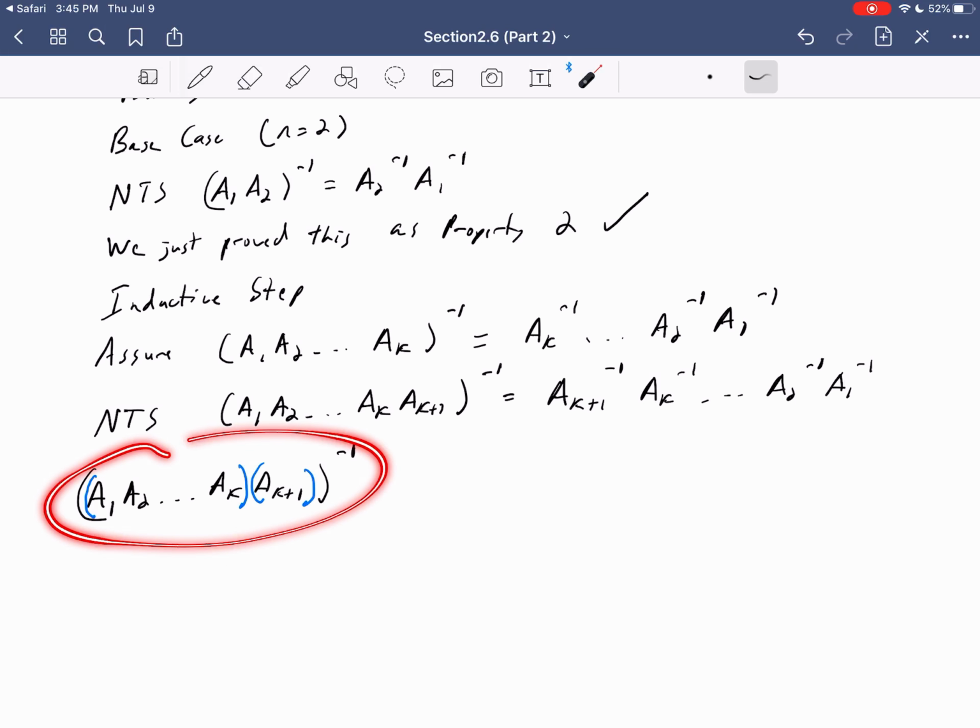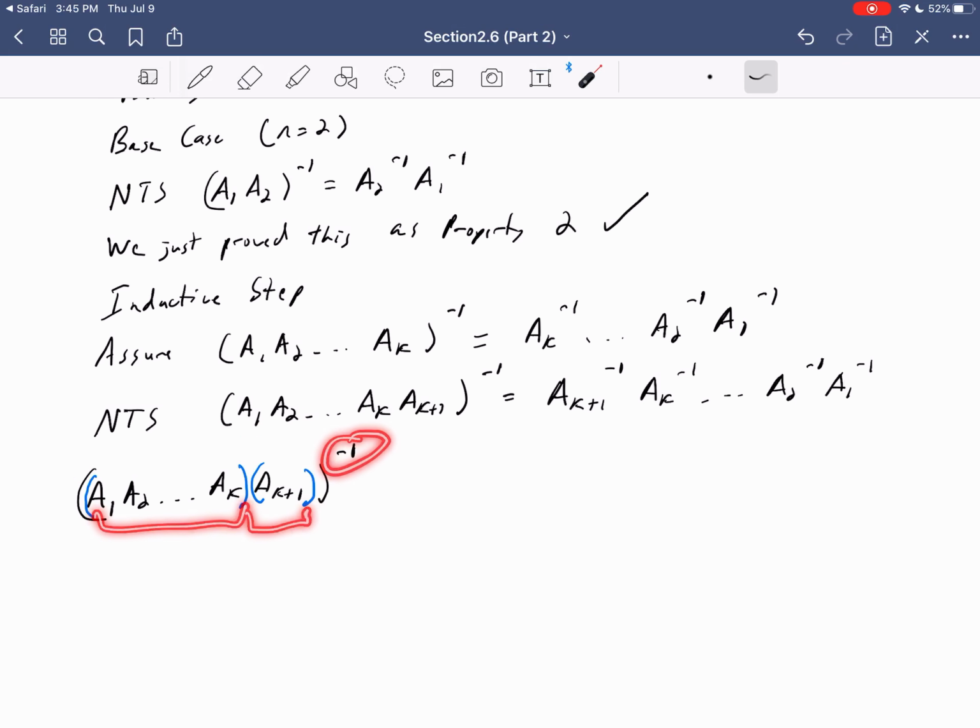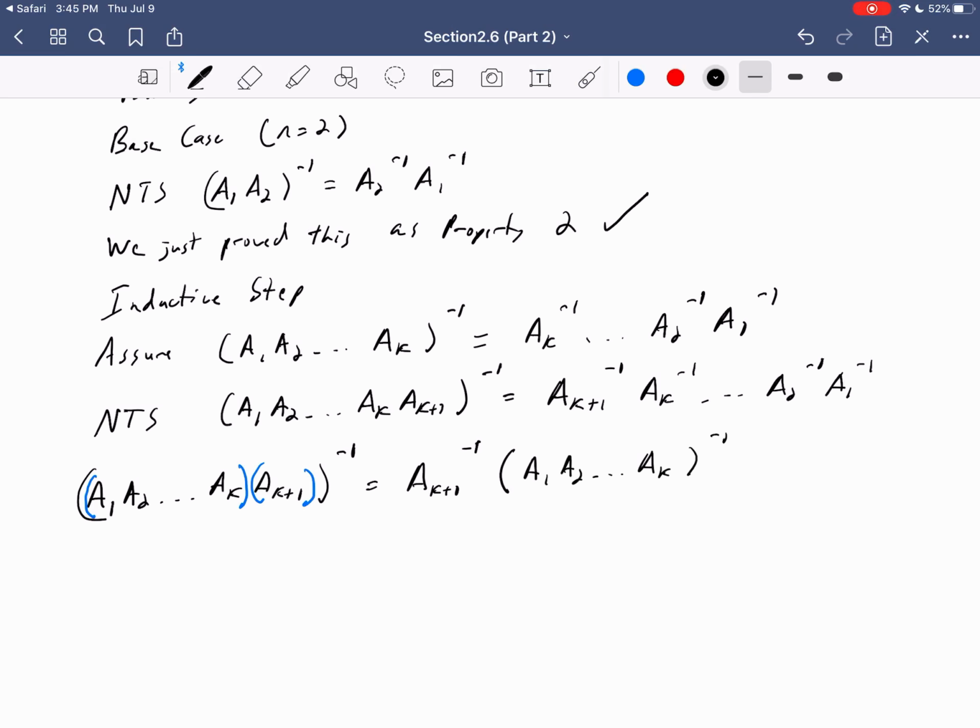Now, by the base case, we know that if you have the product of 2 matrices and you're inverting it, you can invert them individually and reverse the order. So this should be equal to A(k+1) inverse times (A1 A2 ... Ak) inverse. So what we did there is we switched the order of these two, treating the first k being multiplied together as a single matrix.